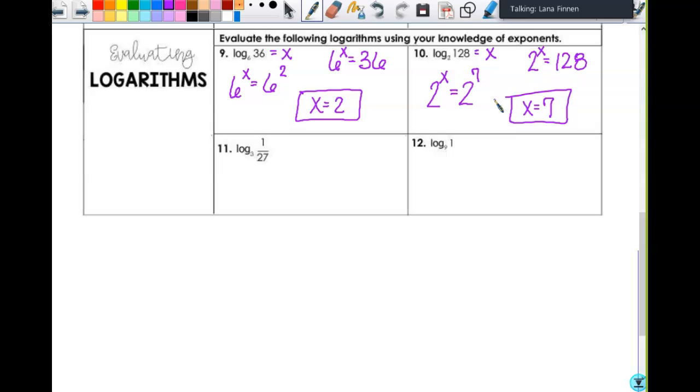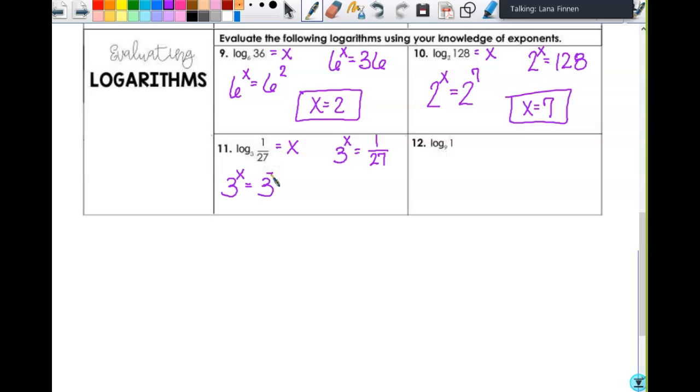Okay, so number 11. Log base 3 of 1 over 27 equals x. So that's going to give me 3 to the x power equals 1 over 27. So I'm going to make my base 3. Since the value here is in the denominator, I need to switch it to the numerator, so that means it's going to be negative something.